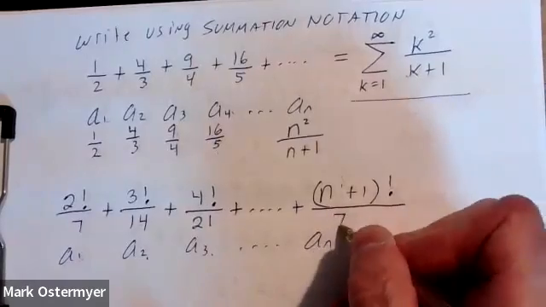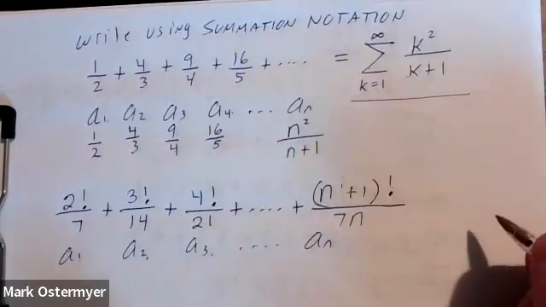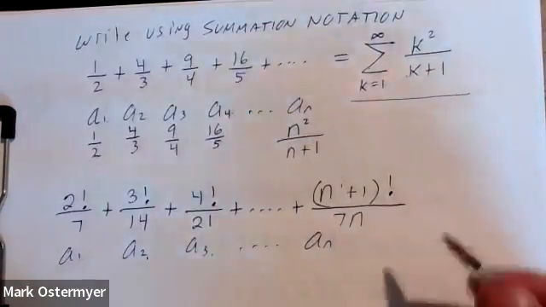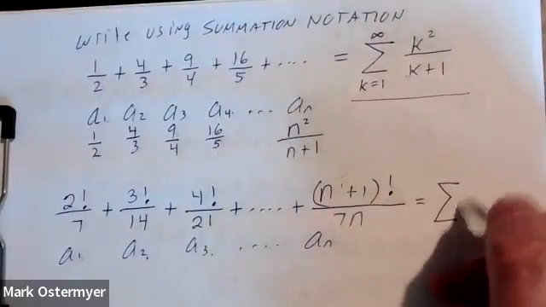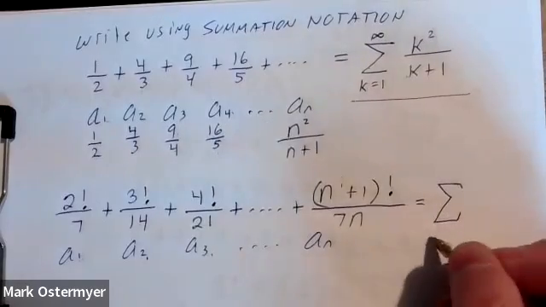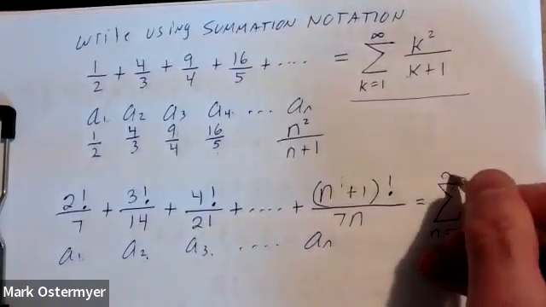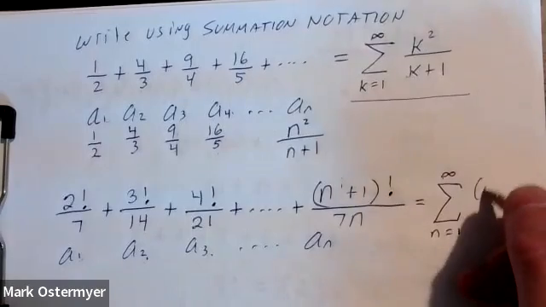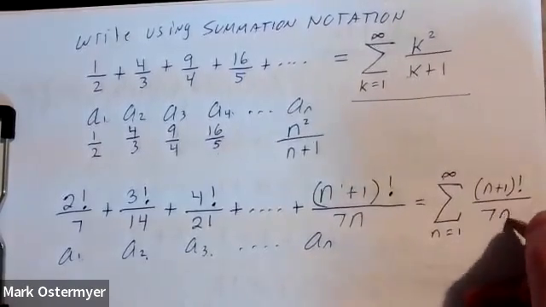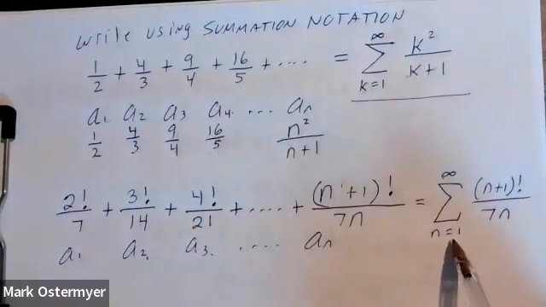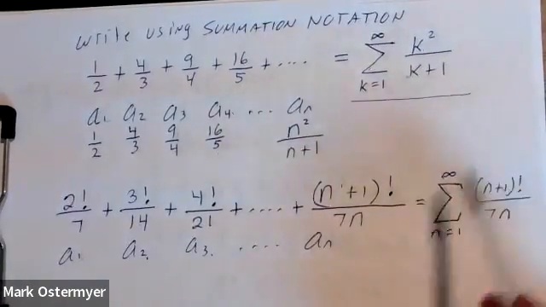So the denominator would be 7n in general. All right, so to represent this infinite series, I would have n go from 1 to infinity of n plus 1 factorial over 7n. And we have written that infinite series using summation notation.